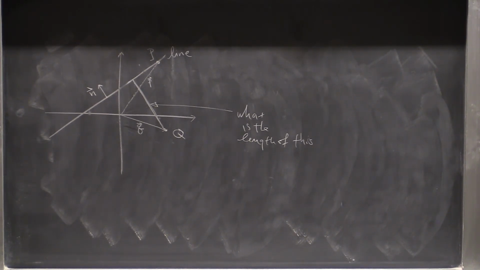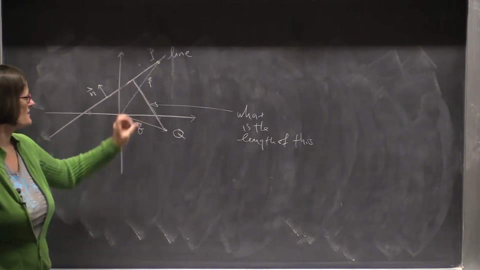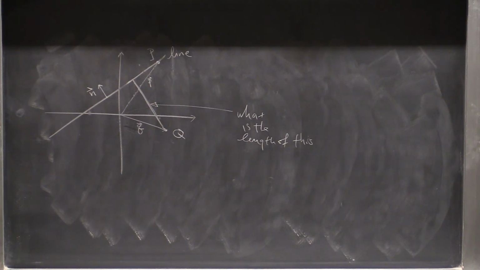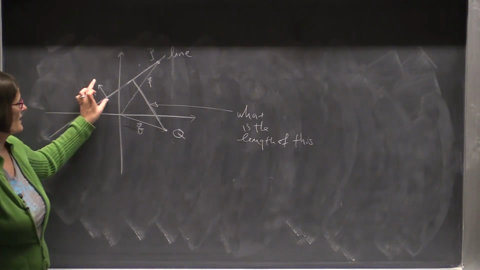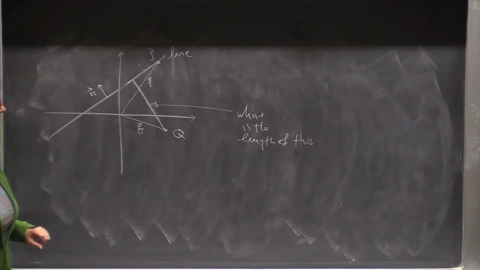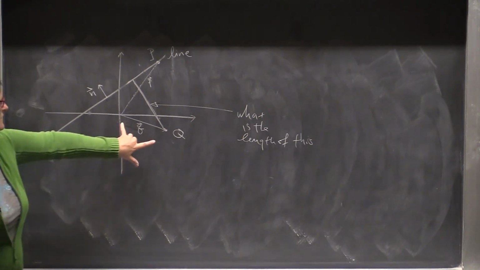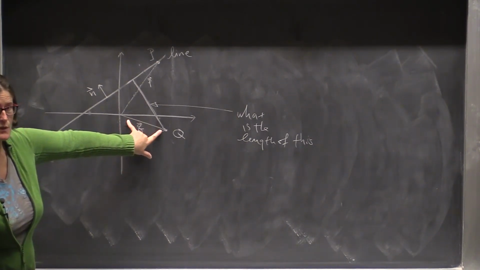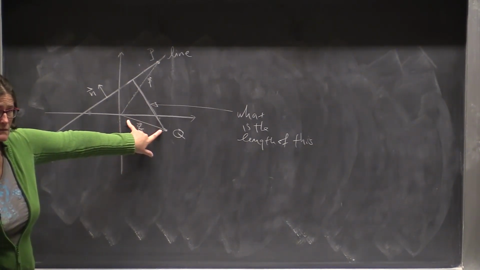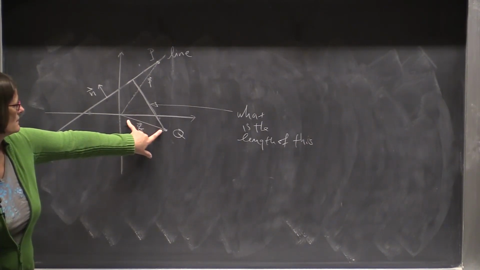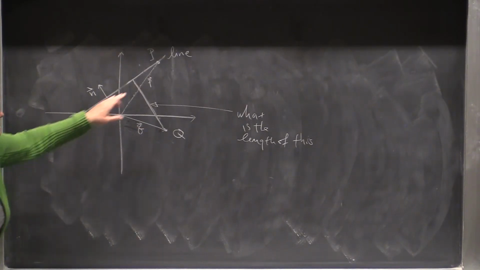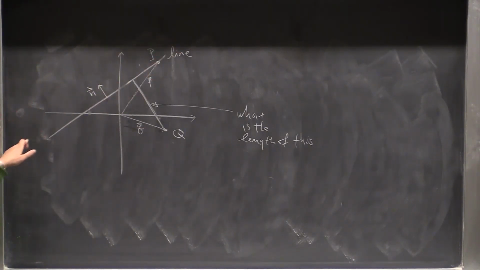I need a vector whose projection onto the normal vector is this. So the normal vector we have because we were given the formula for the line. The vector q we've got because we were given a point. We have a line, so in principle we have infinitely many points on the line.